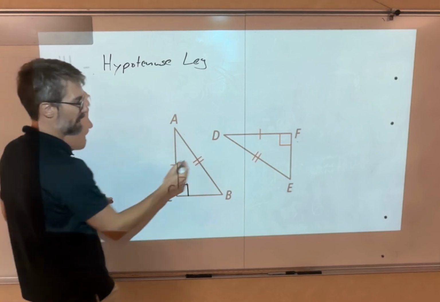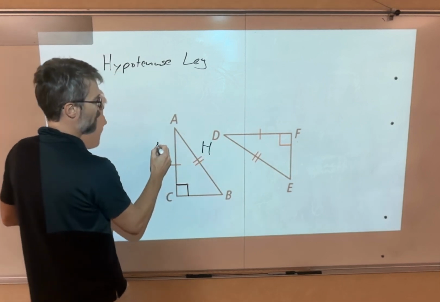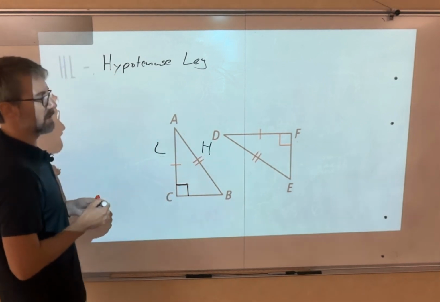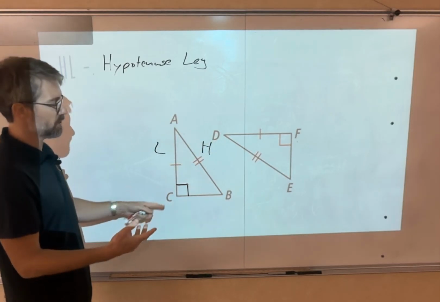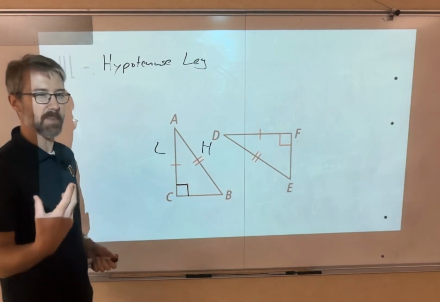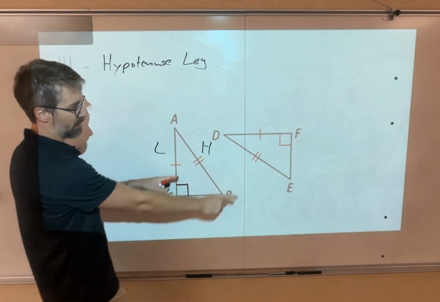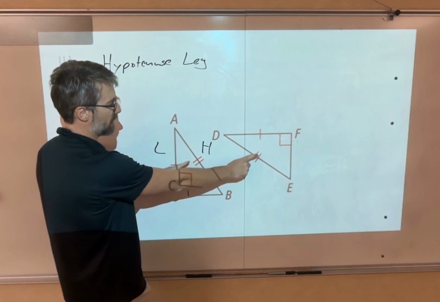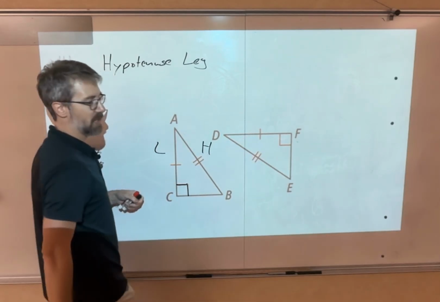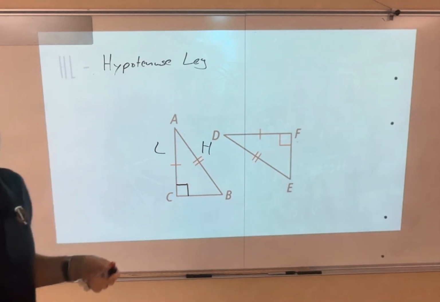So we've got our hypotenuse, and we've got one of the legs. It's a right triangle. That means that these two are congruent, right? They're both 90-degree triangles, so I have an angle for both of them, a special angle, a right angle. I've got the hypotenuses, the hypotenuses. They are congruent, and then I also have one of the legs is congruent.